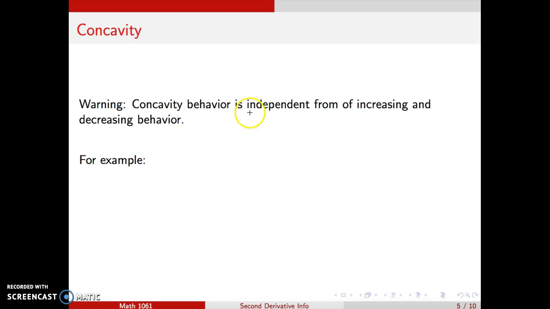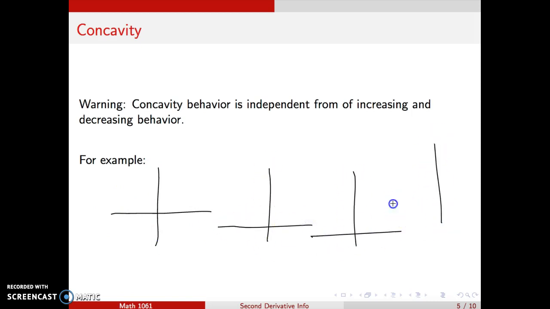One thing I want to warn you about is that this is completely independent from increasing and decreasing behavior. So let me throw 4 examples at you real quick. I could have something that's increasing and concave up. I could have something that's increasing and concave down.